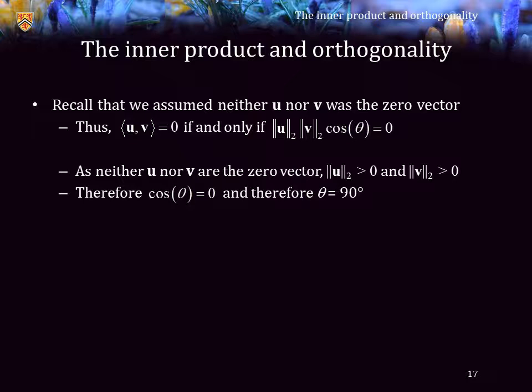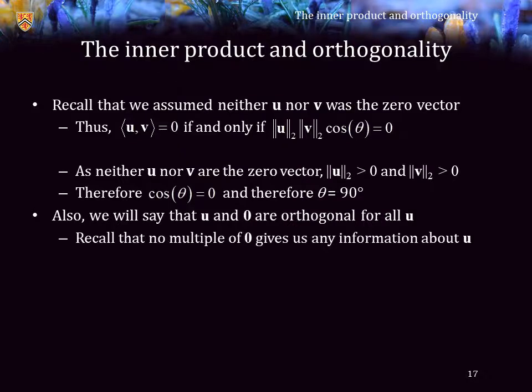Therefore, cos of theta must equal 0, and therefore the angle between the 2 vectors must be 90 degrees, or pi over 2 radians. Additionally, we will say that u and 0 are orthogonal for all u as well.